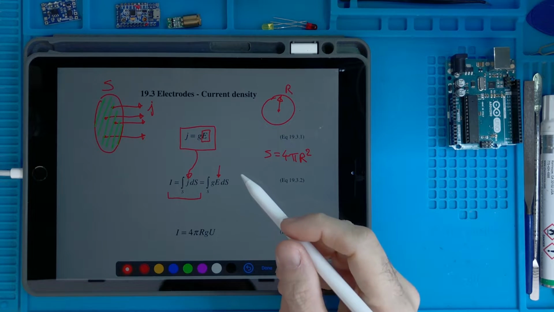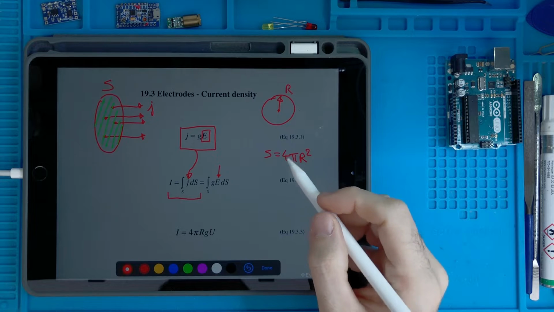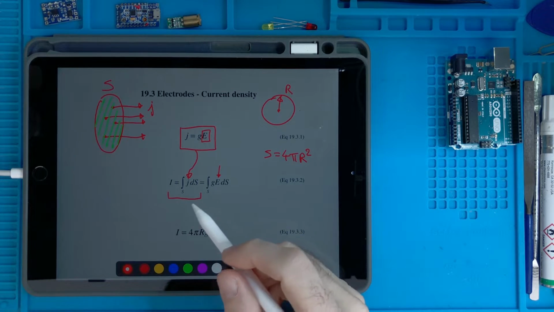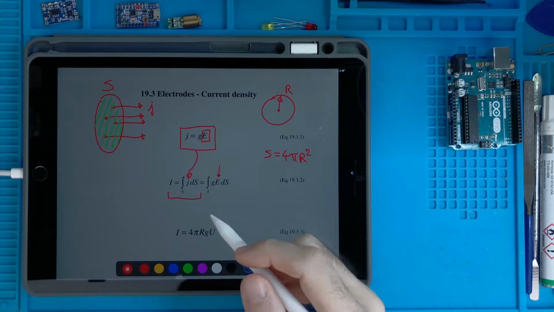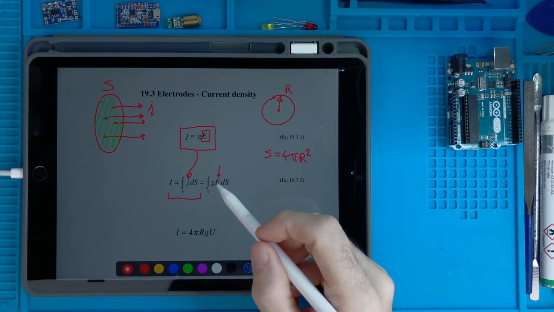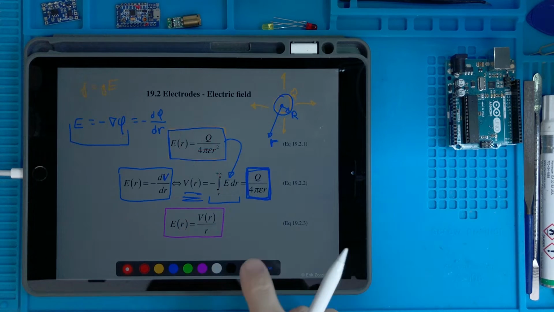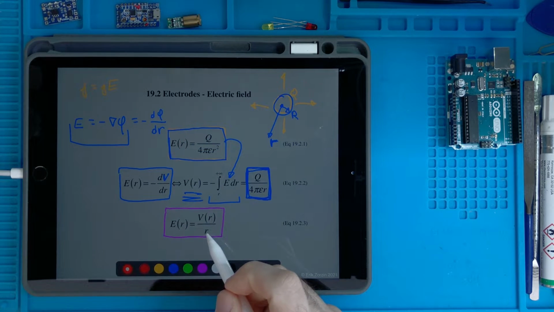Then this is a constant that comes out of this integral, but everything is kind of constant because in place of E we put this V over R.